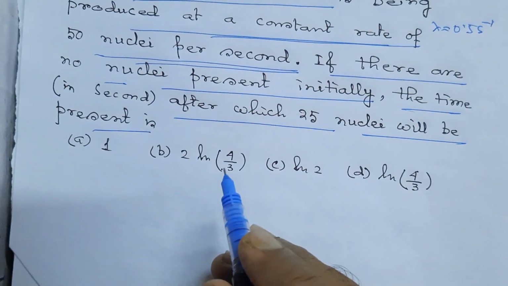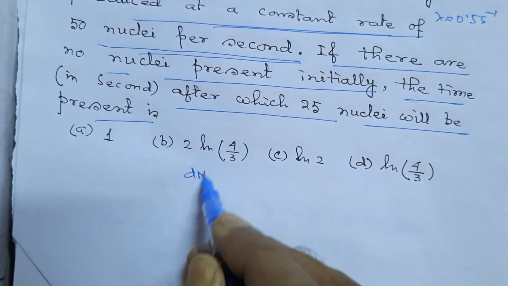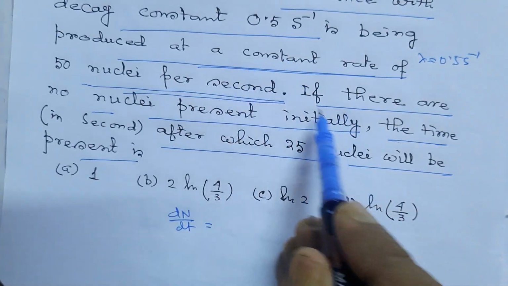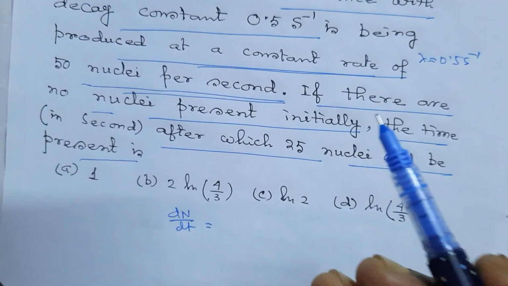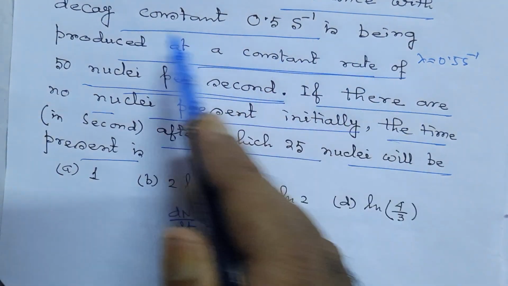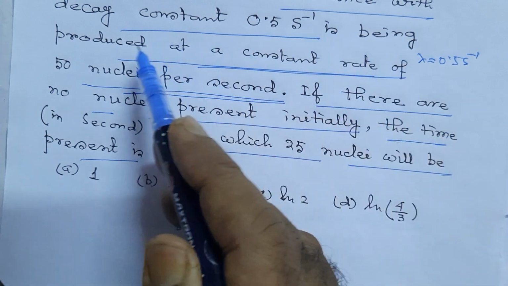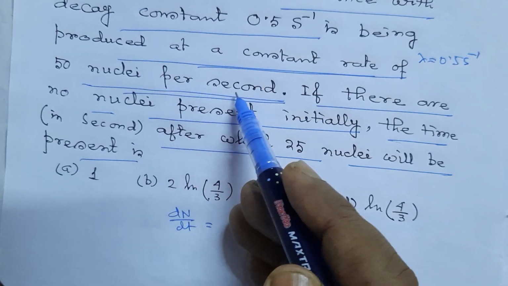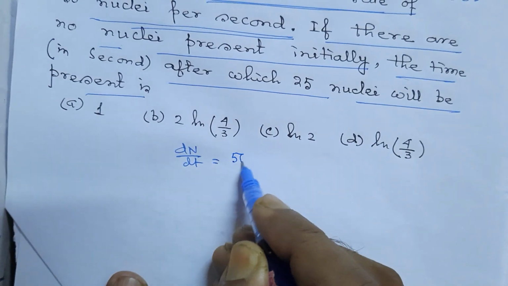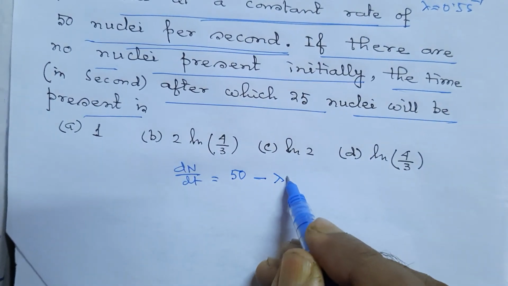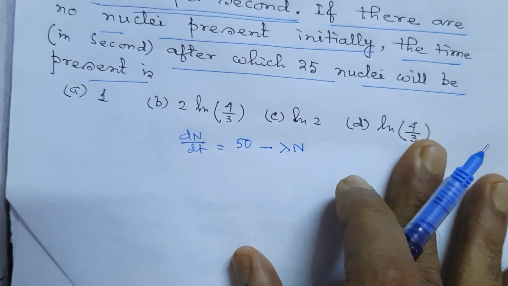Mind that from the decay theory we know that dN dt equals minus lambda n. But what is different here: 50 nuclei are being produced and disintegrating as minus lambda n.